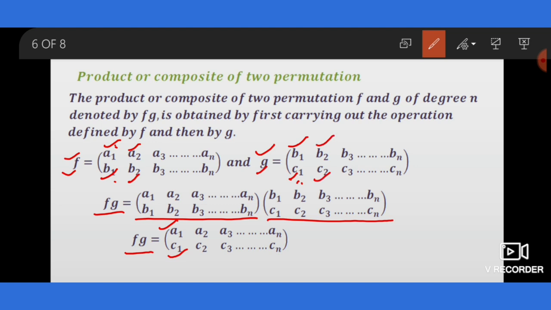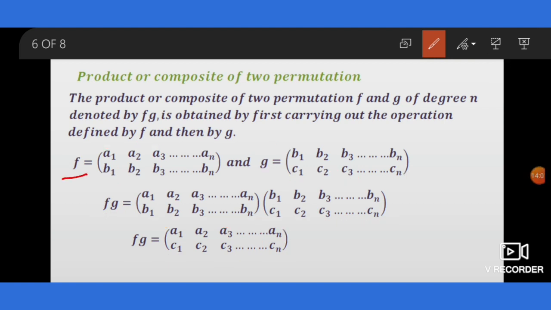Then fg replaces a2 by c2. Similarly, a3 is replaced by c3, and similarly an is replaced by cn.